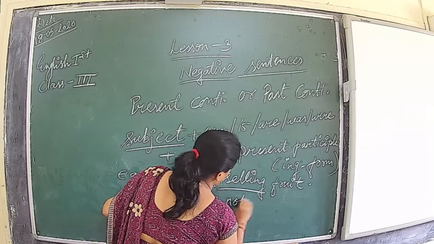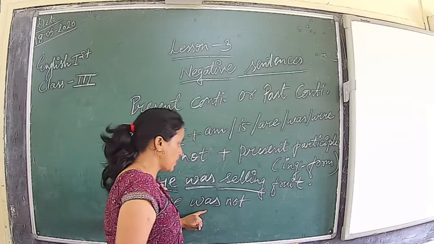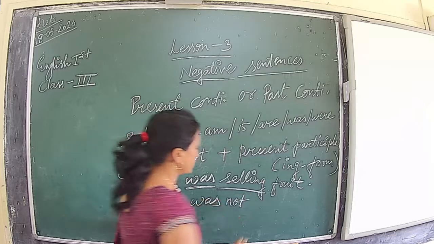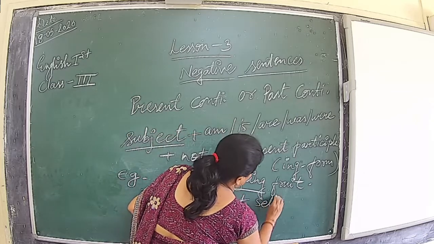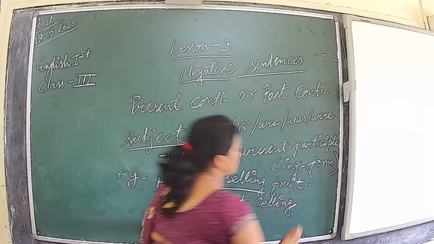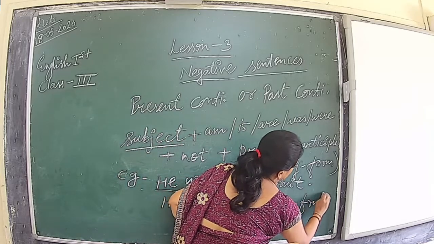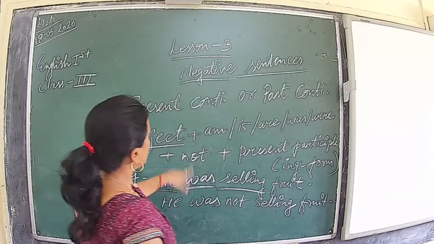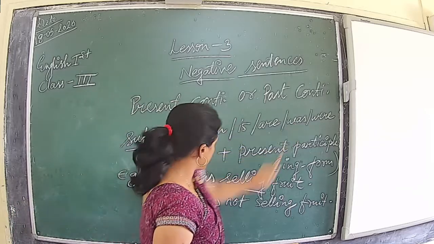Not goes after the verb. Was is the helping verb, so after was we use not. Selling, selling what? Fruit. Now, it is clear. He is the subject. Then here you see was.